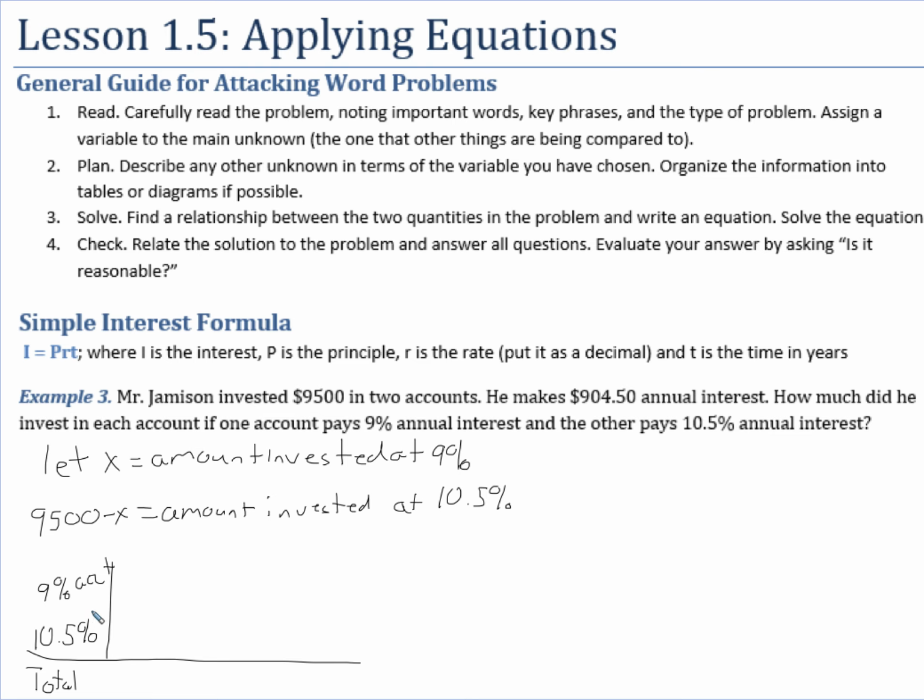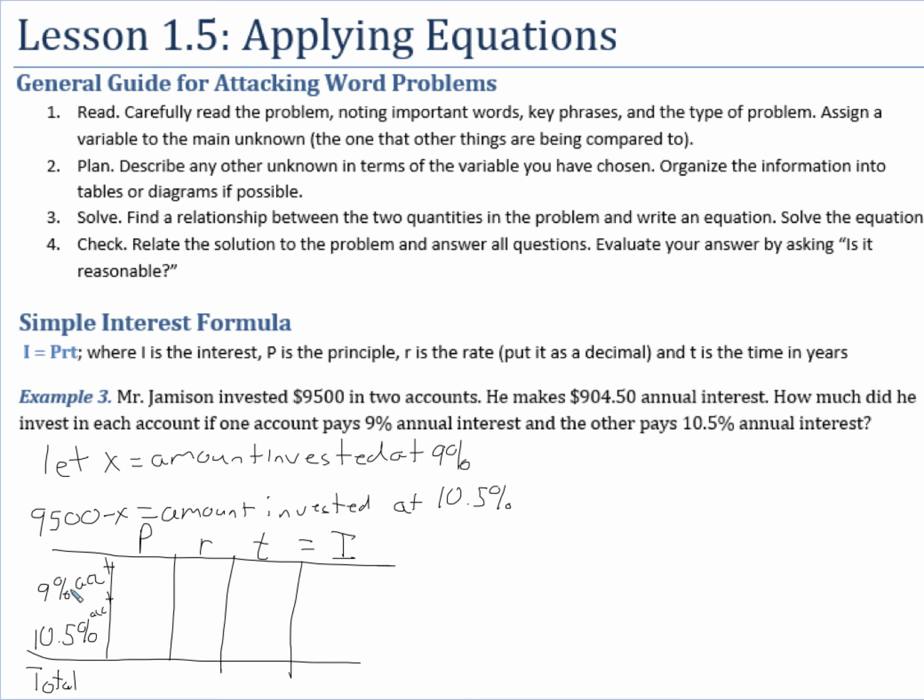This is just like the headers here. So we know that principal times rate times time is equal to the interest earned. So I just kind of wrote this backwards. Principal times rate times time equals the interest earned. The principal is the amount invested.